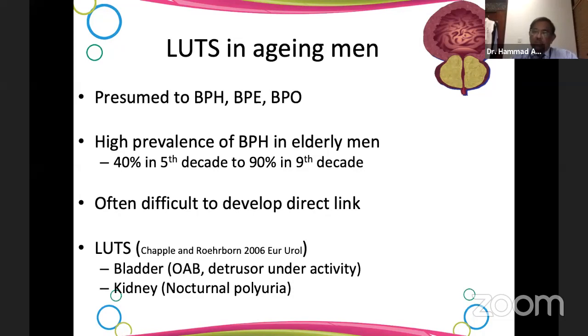One of the common symptoms that your patient often presents with is nocturia, which means that they have to get up in the night quite a few times. These symptoms are probably not associated with BPH, but with what is called nocturnal polyuria. And we'll touch upon that a little later.